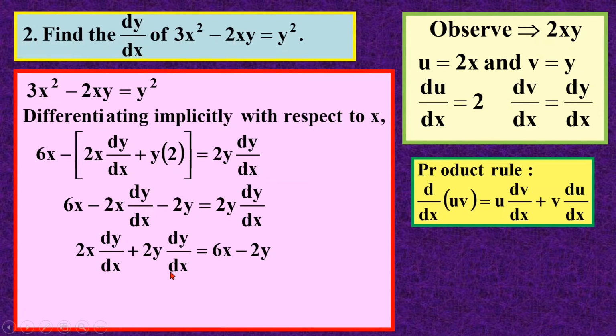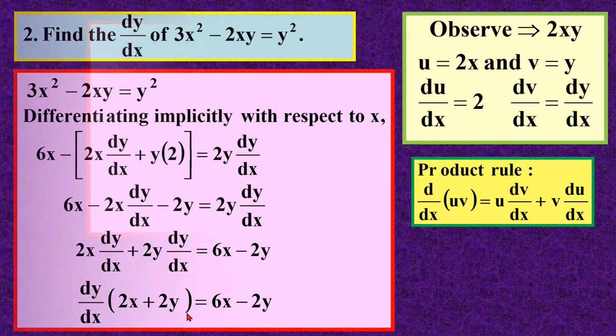Okay, I just copy it so that it looks better, because I'm going to factorize dy dx out, because the question asks for dy dx. So I'm going to bring out dy dx. So after factorizing dy dx, the next thing that I'm going to do is take 2x plus 2y and divide it with whatever is on the right hand side. So I will divide both sides with 2x plus 2y.